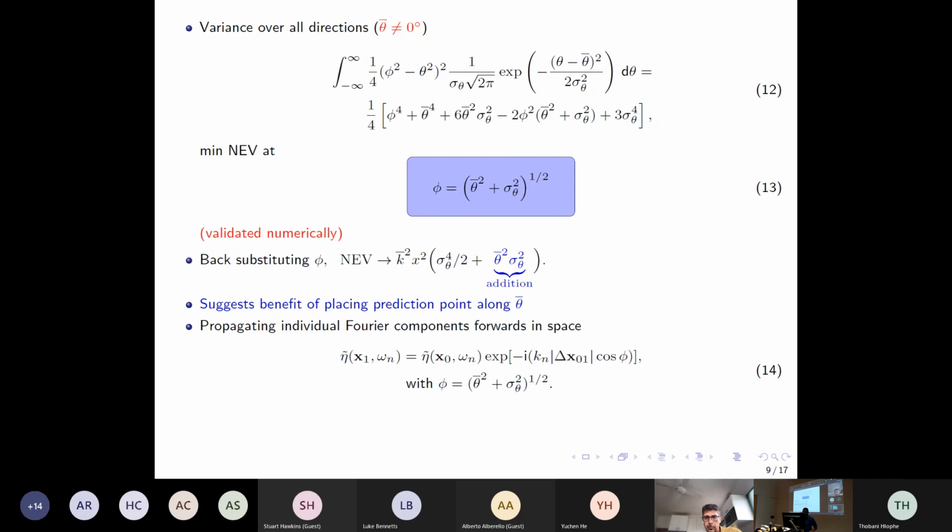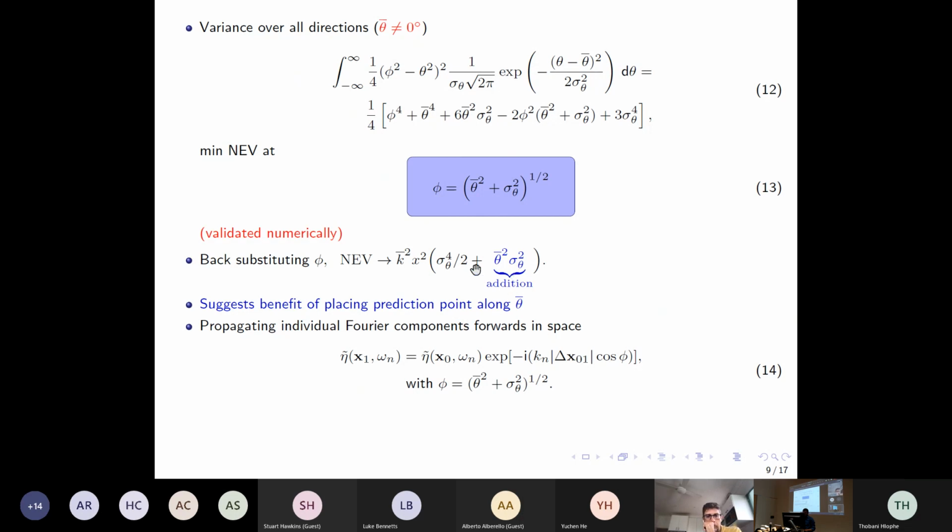This angle has been validated numerically. We generated data on the computer, and then we showed that this is the best propagation angle. We trialed many different angles, and this one proved to be close to the numerical solution. So yeah, it does work. And then we substitute phi back into the variance, and we get this.